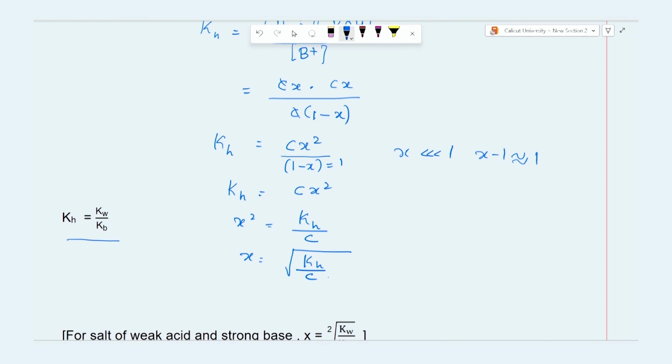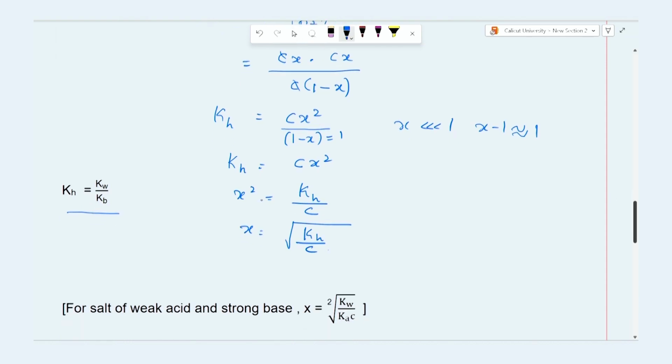Substituting for KH, the expression takes the form x is equal to the square root of, instead of KH, I am going to put Kw by Kb.